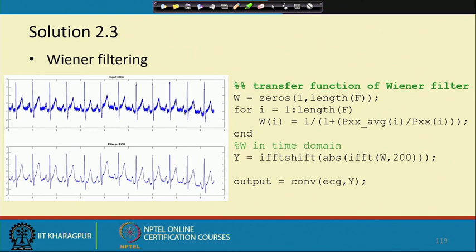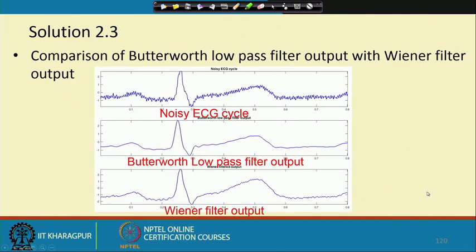It is pretty impressive that we got a good output. Now, the only thing remaining is to compare this signal with 2 other cases. One is the Butterworth filter given here, and next we will go for the synchronous averaging.